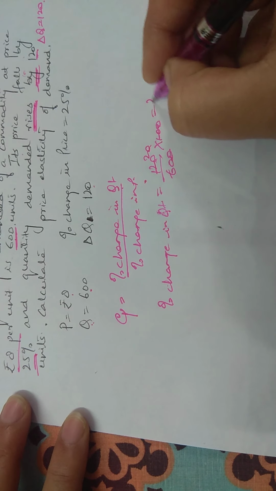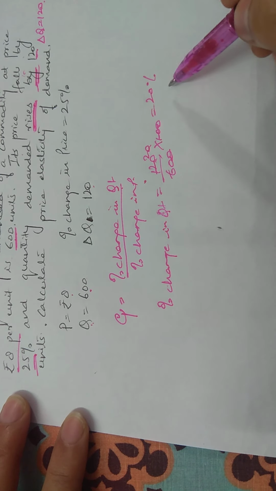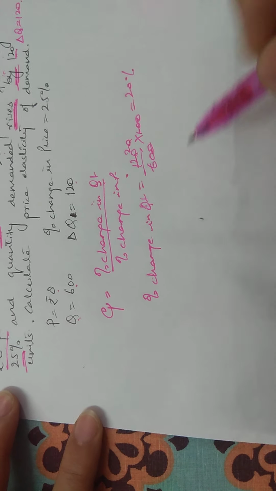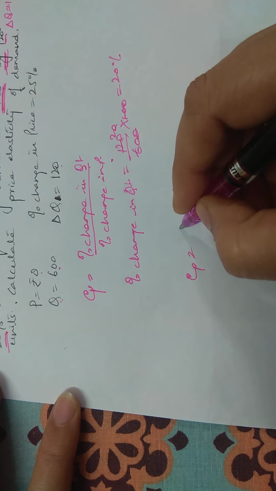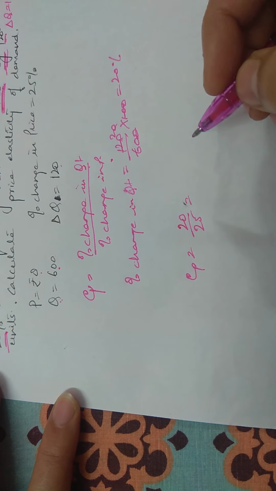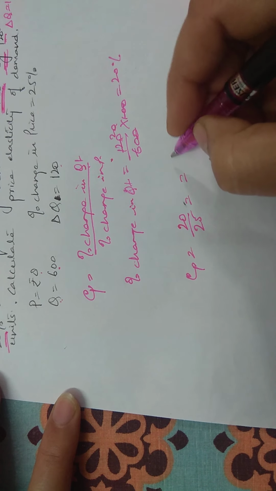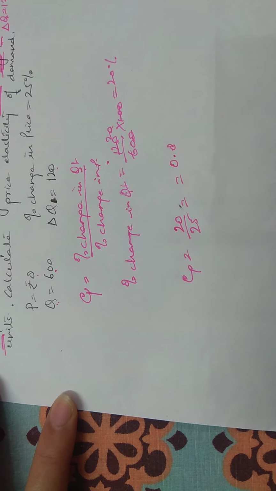So this is 20%. You know the percentage change in price, you know the percentage change in demand. Elasticity of demand would be equal to 20 upon 25. So this becomes 0.8.